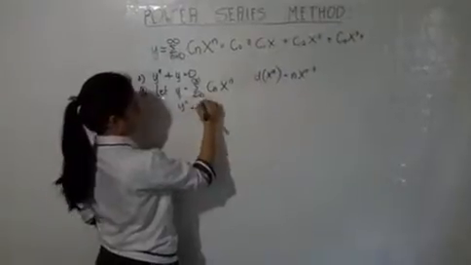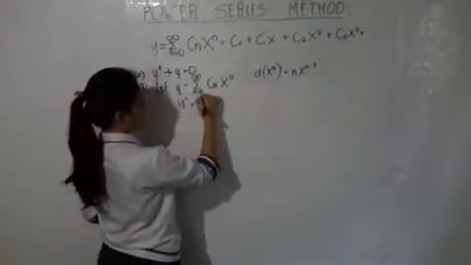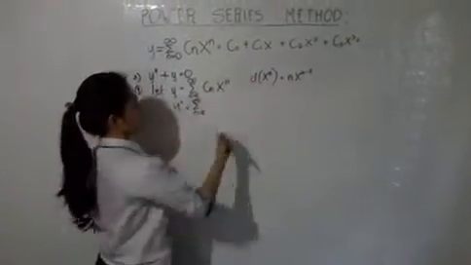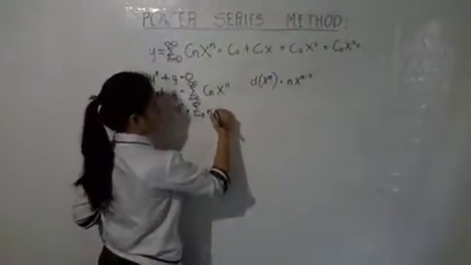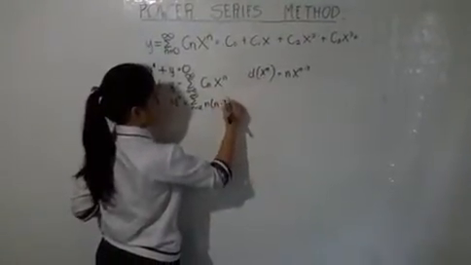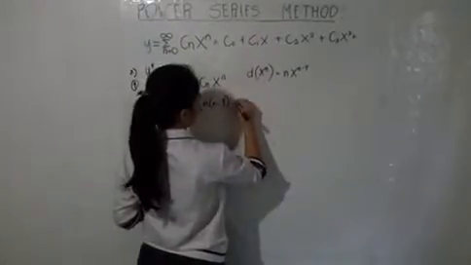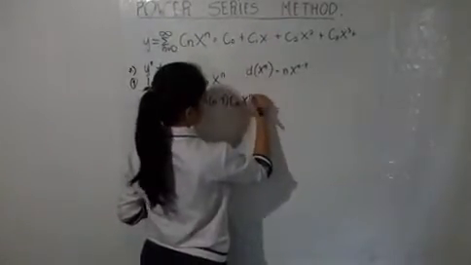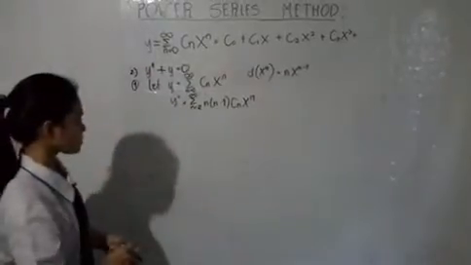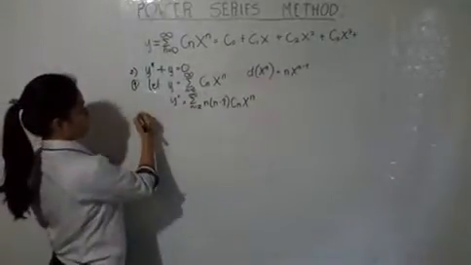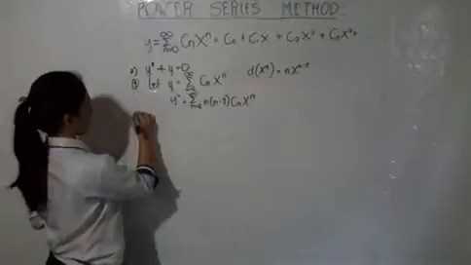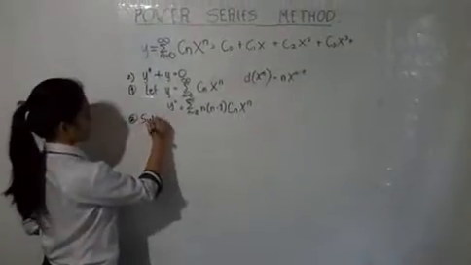Second derivative of y, we have n is equal to 2 to infinity n times n minus 1 Cn x raised to n minus 2. Now, for the second, you have to substitute.